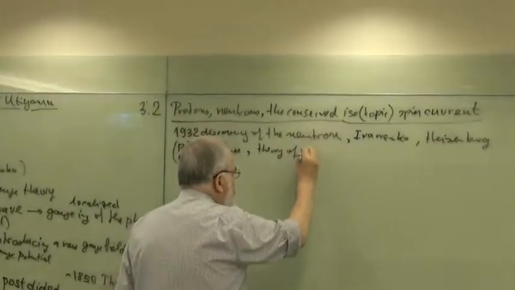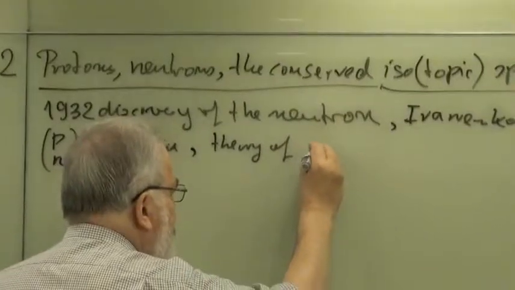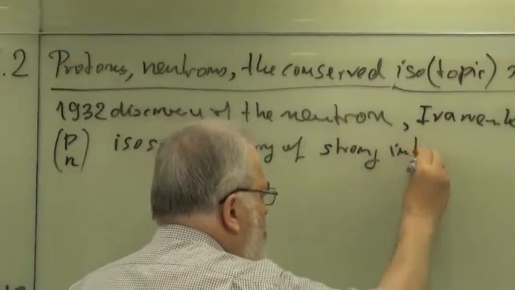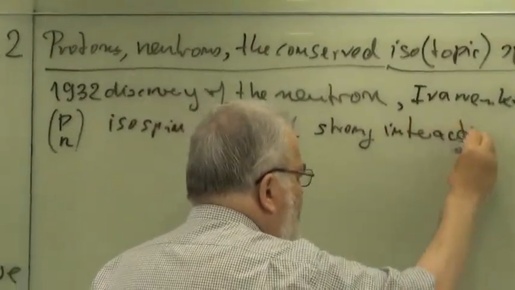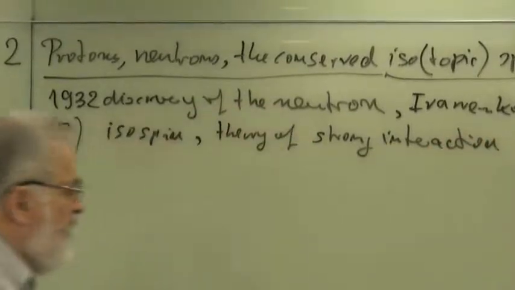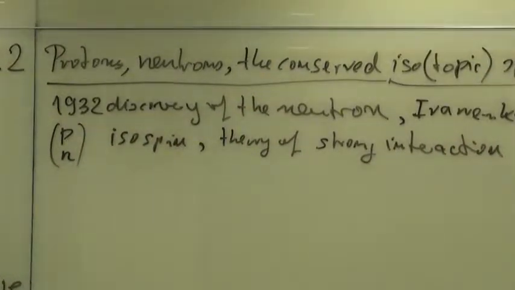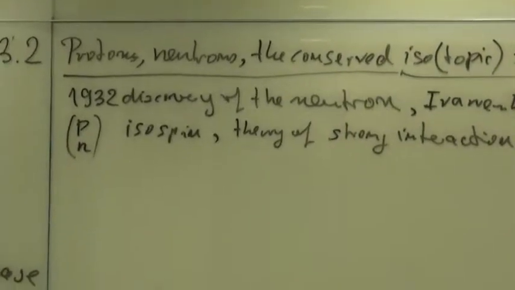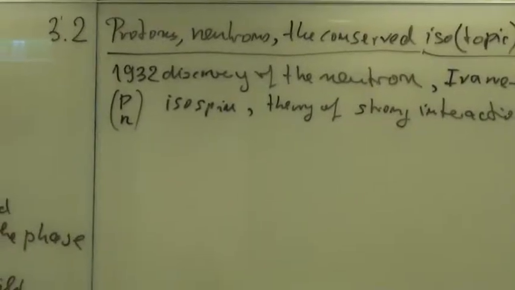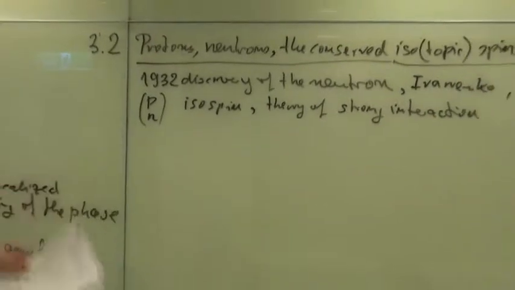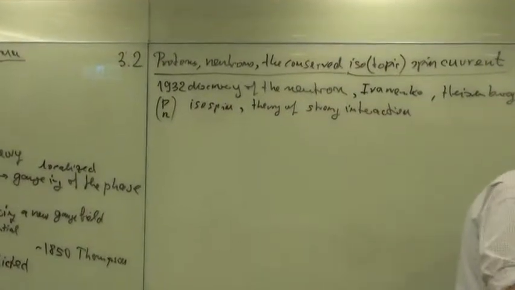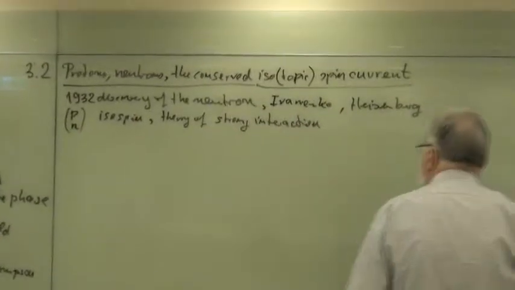Well, one would say today of strong interaction. If one neglected the electric charge, neutron and proton are the same, and this is a very good approximation. So to this approximation, we can describe it as a state of one particle, which is called nucleon.